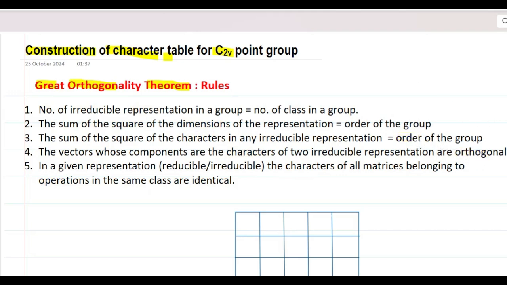As we are aware, the C2v point group has 4 symmetry operations. What are those 4 symmetry operations? Let us see.